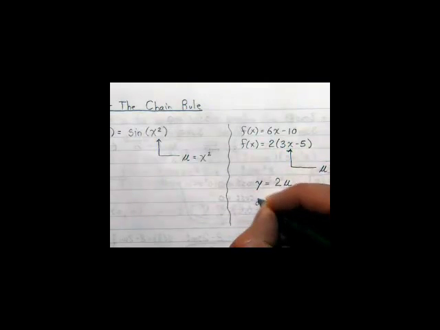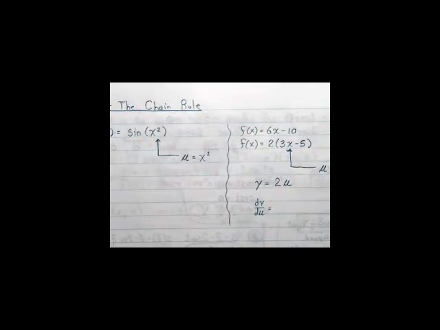I've got a couple of derivatives I want you to do here, and I'm going to use Leibniz notation because it really does make more sense in this case. What's the derivative of y with respect to u, which would be focusing on this little equation here? And then I want you to do the derivative of u with respect to x, which would be this one over here. So what do you get?